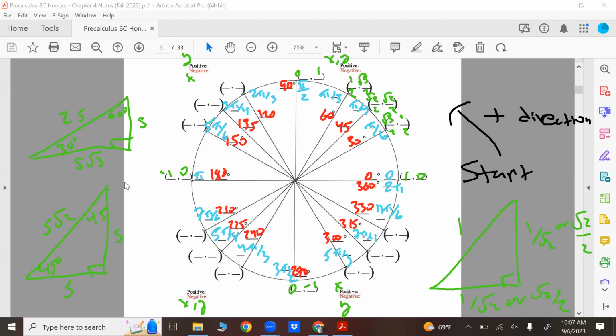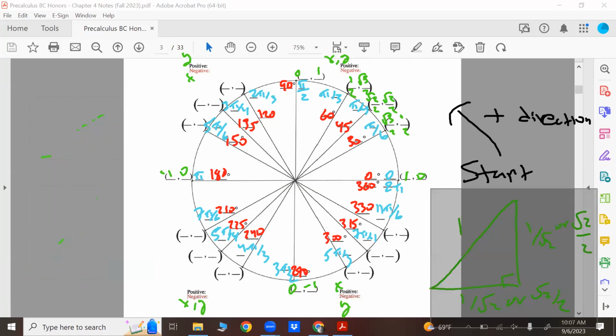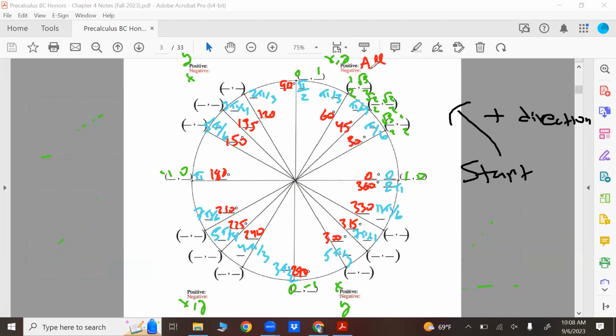Let me clear out some of the stuff here. Cool. So anyway, what this tells us is that when you're in the first quadrant, all trig functions are positive. None are ever negative. In the second quadrant, because y is positive, y goes to sine, sine and cosecant are positive.